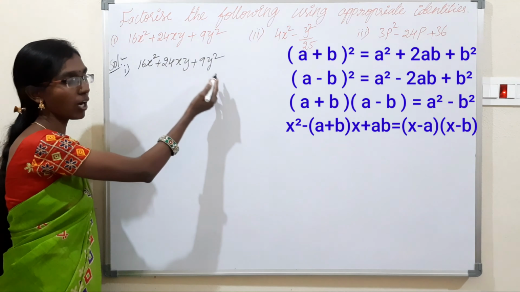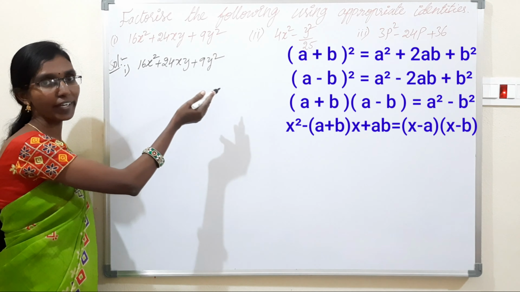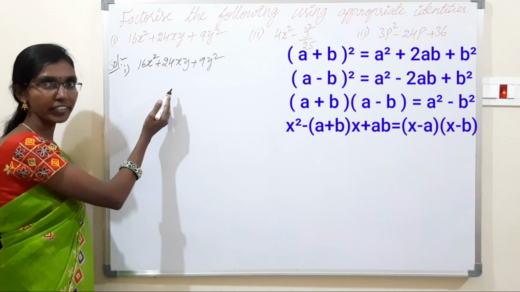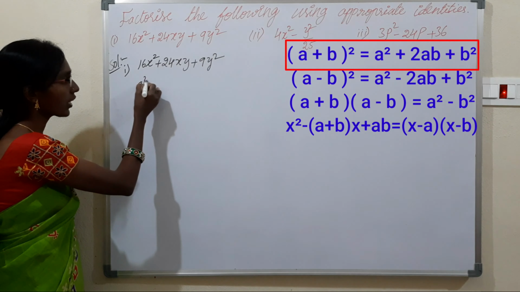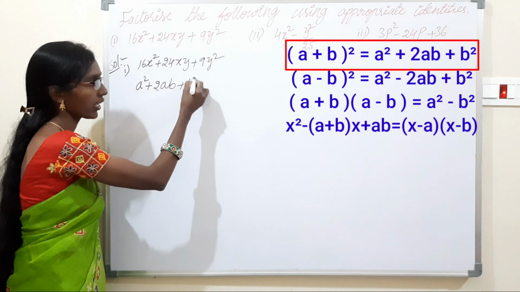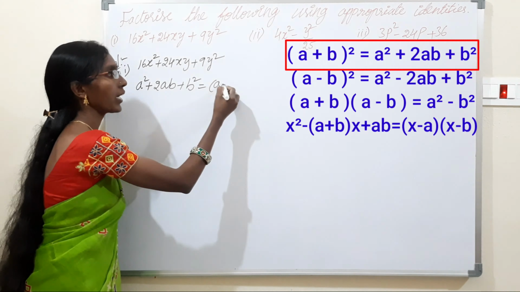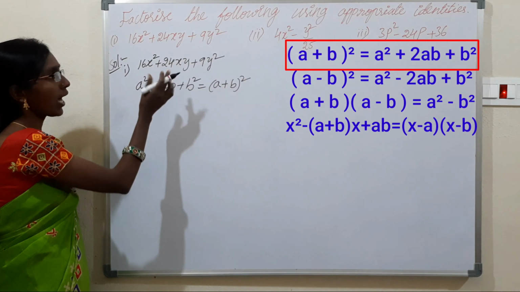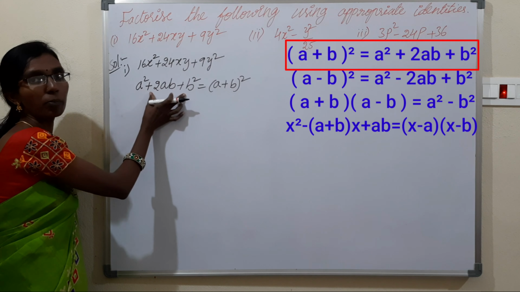Take a look at the identities, in which format is it? Yes, you are right. It is the form of a square plus 2ab plus b square, which is equal to a plus b whole square. Now we have to convert this into this form.